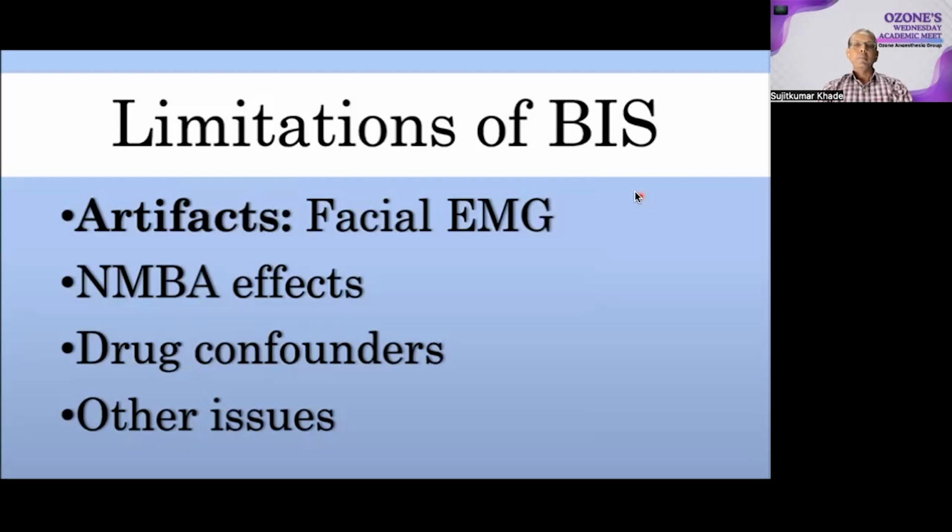Thus, BIS may not accurately reflect hypnotic state with these agents. There are other issues like poor electrode contact, which can give erratic readings, and low cardiac output or hypothermia can also blunt EEG and alter BIS unpredictably. So in summary, BIS is a useful guide but must be interpreted in the context of patient history, drugs or electromyography.